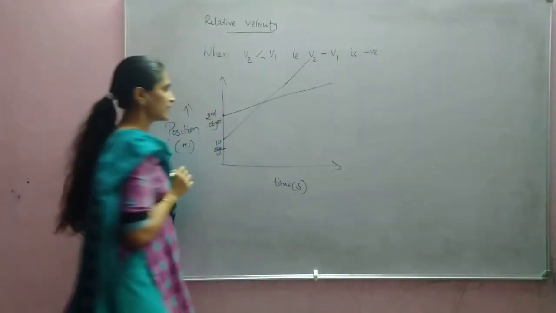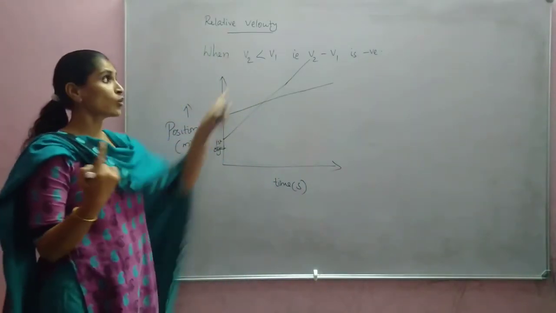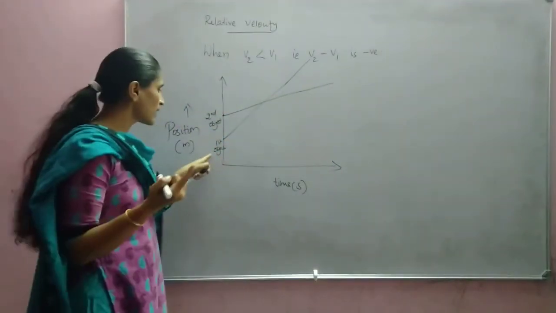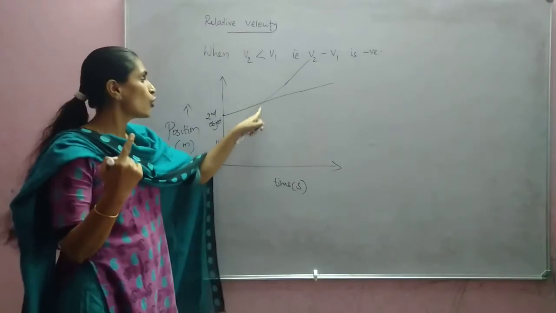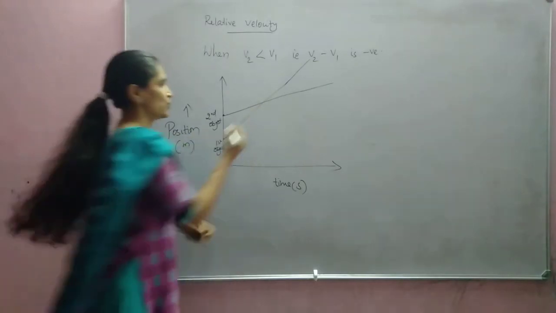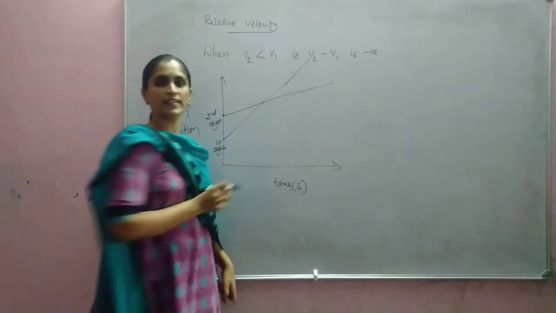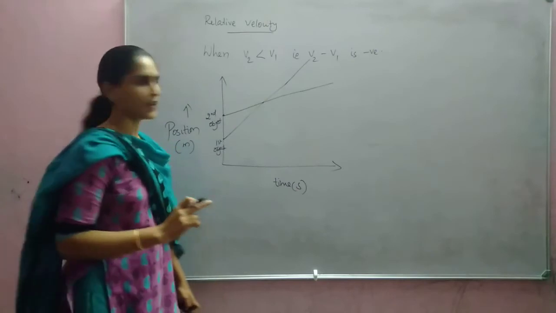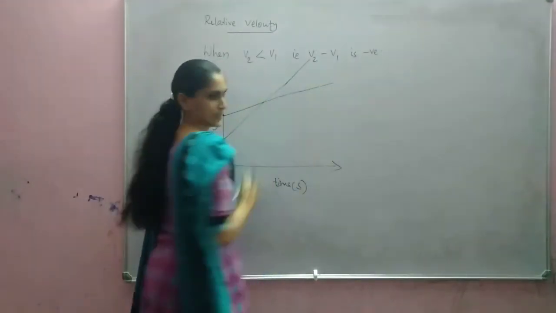Since v2 minus v1 is negative, v1 is more, so the first object has more velocity. As the first object moves, it will overtake the second object at this position, and since the velocity of the second object is smaller, their separation again gradually increases.